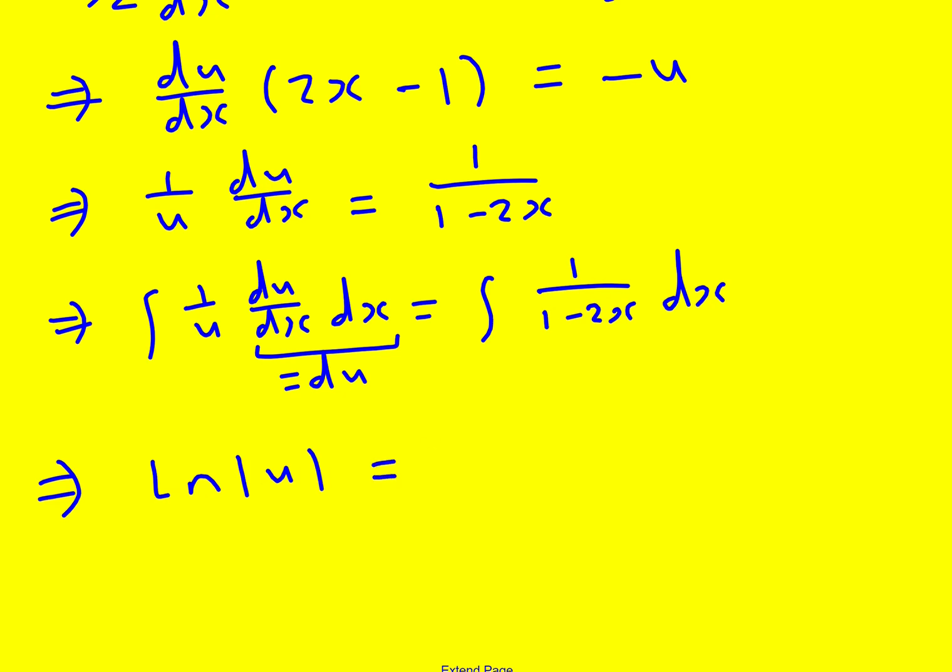And this one, well, that's okay, we're going to get a similar thing, aren't we, of course. So it's going to be ln of the modulus of 1 minus 2x. If I differentiate this, I'll have to times by minus 2. So here I'm going to divide by minus 2 and get that plus c.